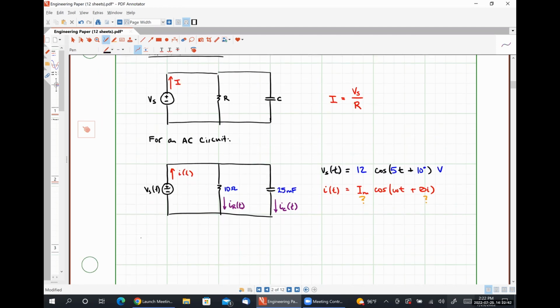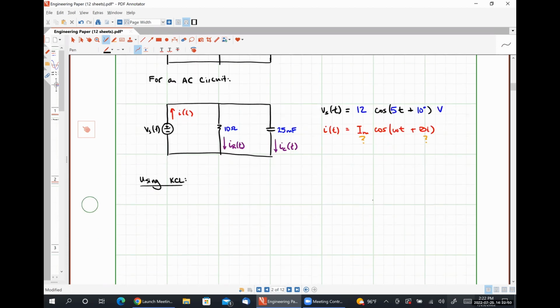And using KCL, we can see that I of t, our signal of interest, is simply IR of t plus IC of t, which is nothing more than Vs of t over R plus C dVs by dt.